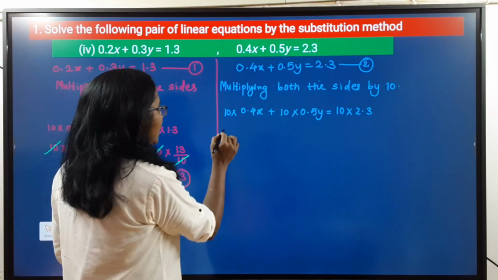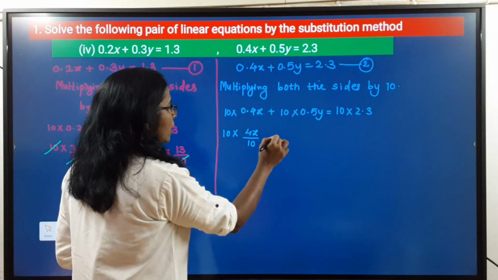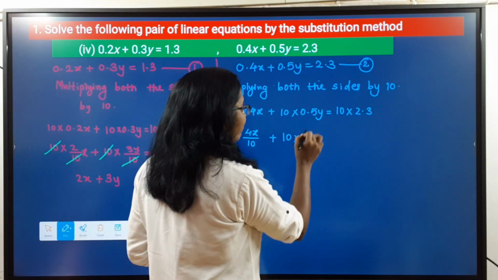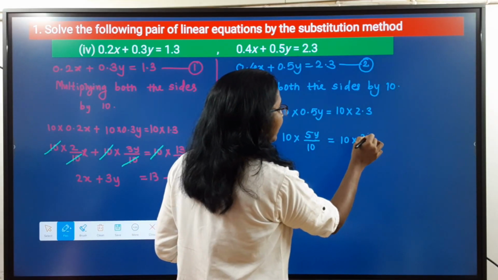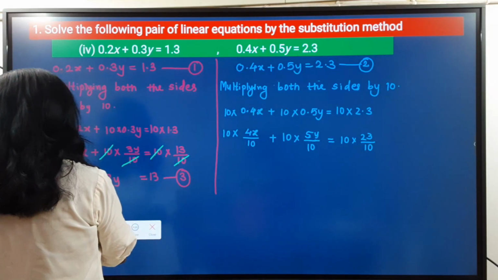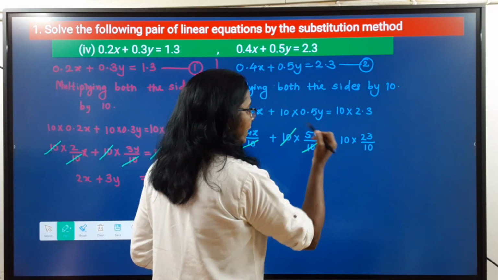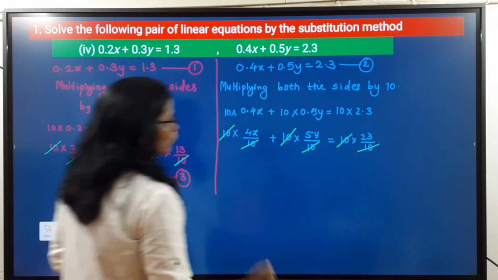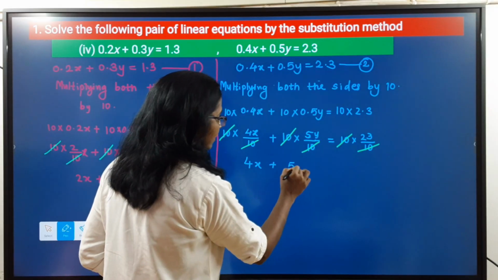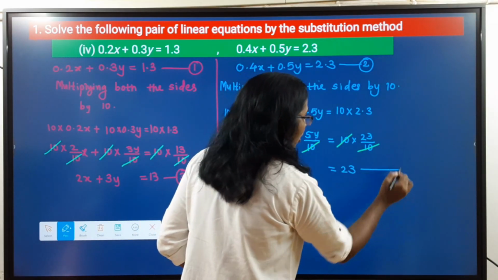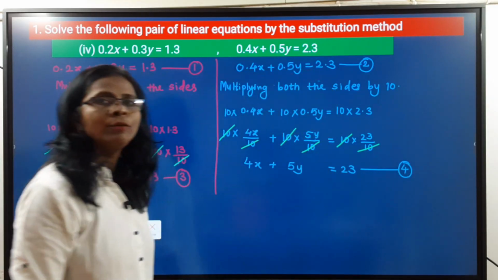Then further simplify, 10 multiply 0.4 means 4 upon 10, so I write 4x upon 10 plus, 10 multiply 0.5 means 5 upon 10, so 5y upon 10, and 10 multiply 23 upon 10. Now further I simplify that. Here 10 gets cancelled out, in the second term 10 gets cancelled out, and at the right hand side 10 gets cancelled out. So it simplifies as 4x plus 5y is equal to 23. I call this equation the fourth equation.